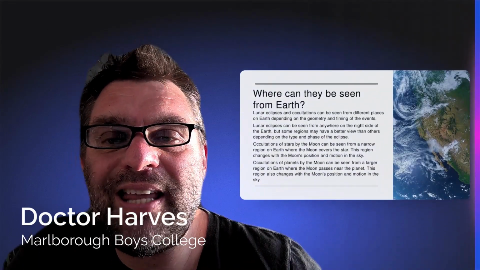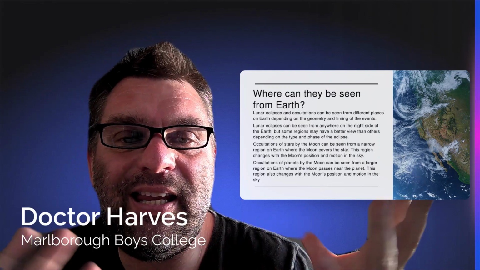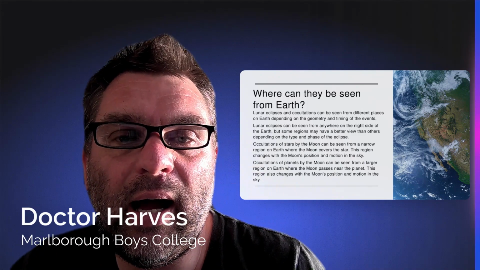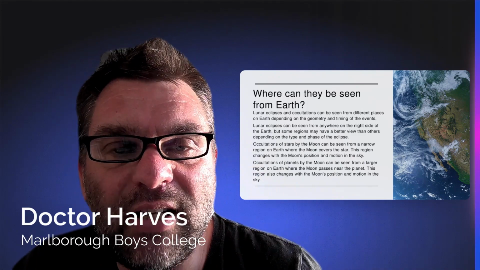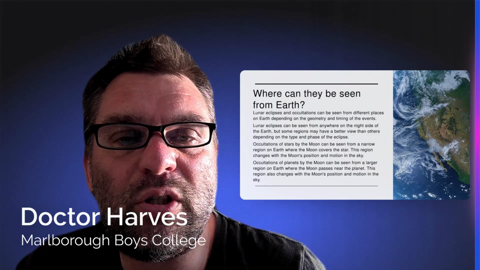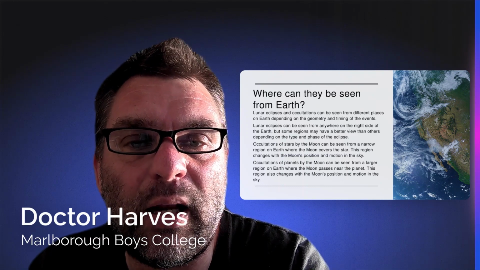So where can they be seen? Lunar eclipses and occultations can be basically anywhere on Earth, depending on the timing and the position on Earth. But lunar eclipses only happen at night, of course, and some regions might have better views depending on the phase that the Moon is in during the eclipse.